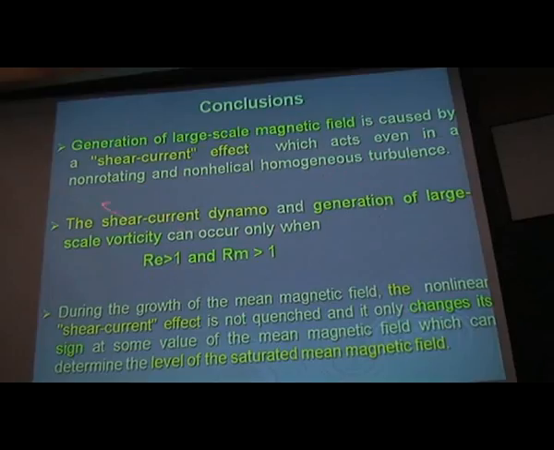As a requirement for this shear-current dynamo, the Reynolds number and magnetic Reynolds number should be larger than 1, but it is not necessary to have a very long inertial range in order to produce this kind of dynamo. In the nonlinear evolution of this effect, there is no quenching of the effect, just a change of the sign of the effect.